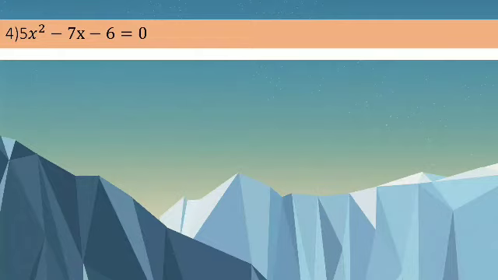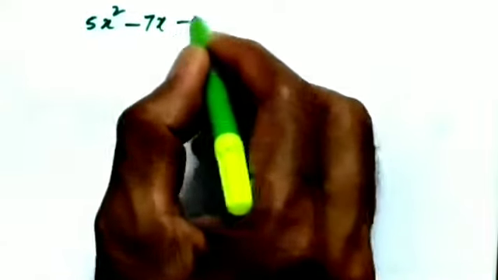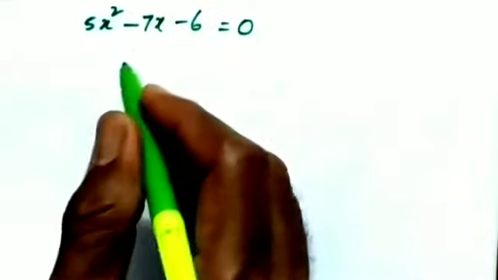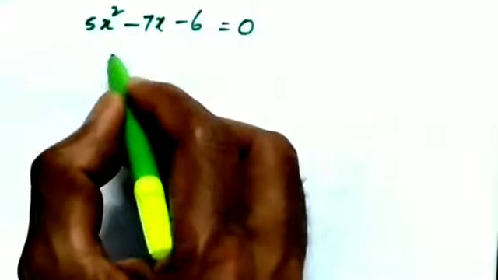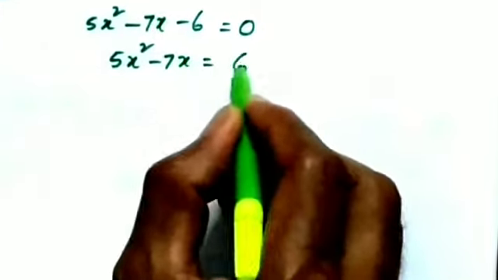Here also we apply the same method, completing the square. See the x square term, what is the coefficient? 5. So each term should be divided by 5 to make a complete square. So 5x square minus 7x minus 6 equals 0. First step is 5x square minus 7x equals 6.